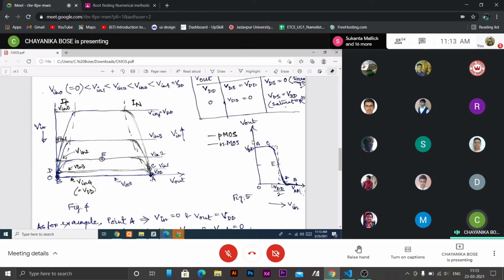That means the unwanted signal, the noise of 4 volt, cannot cause a faulty transition in the output voltage. So the output voltage remains immune to this variation. It gives the noise immunity of the device.